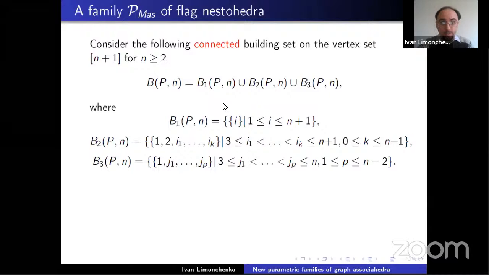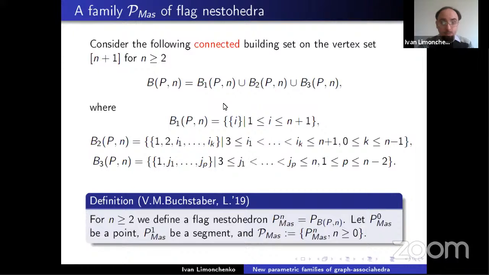That's how it can be represented. And if you apply the definition of nestohedron as a Minkowski sum of simplices, you obtain flag nestohedra P^mas of dimension n, and this family will be called P^mas. Mas stands for Massey, actually.